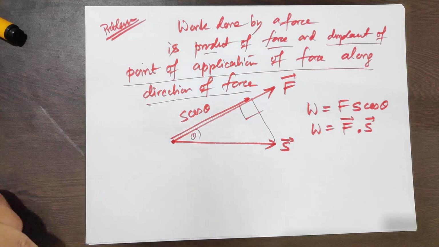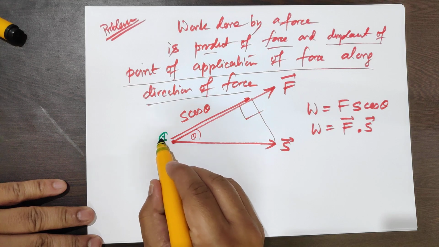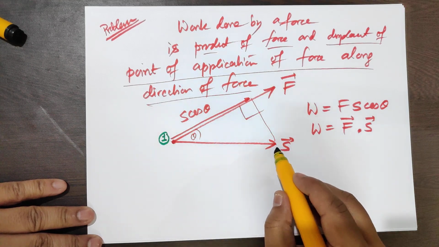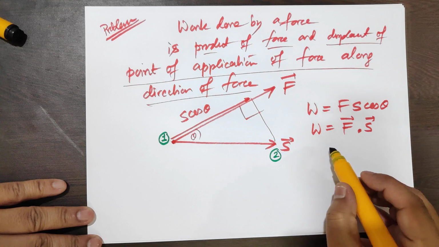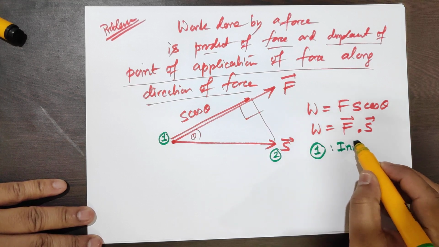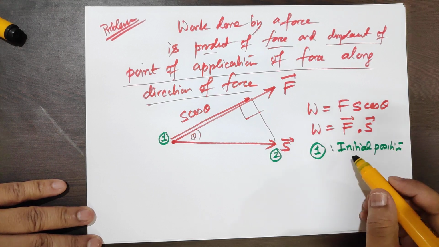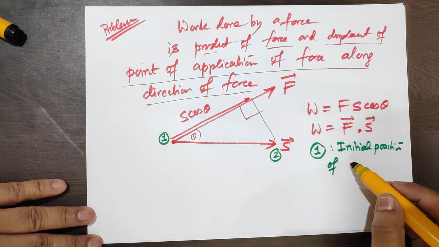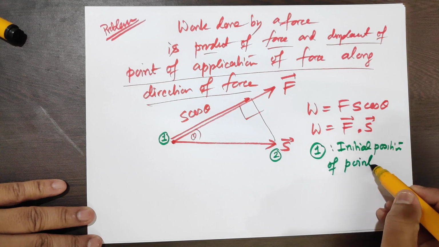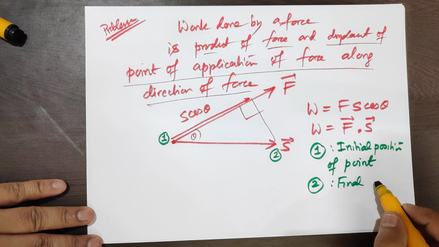Okay, now you know that the displacement vector, say this is point 1 and point 2. Point 1 is the initial position of the point where the force is applied, and 2 is the final position of the point.